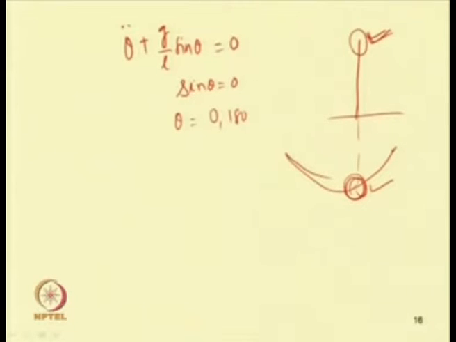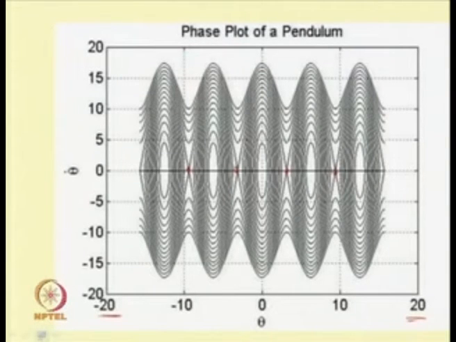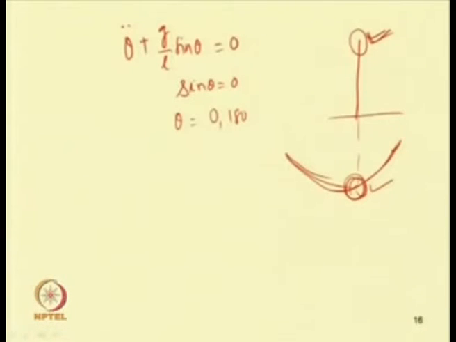The amplitude depends on the initial disturbance, but the frequency does not depend on that. The frequency is constant. But in case of nonlinear systems, we are going to see that the amplitude depends on the frequency.